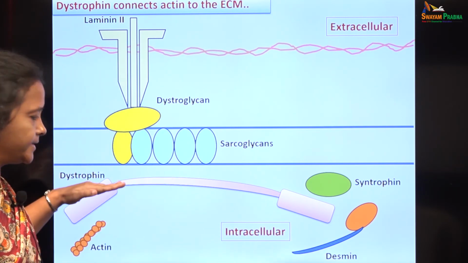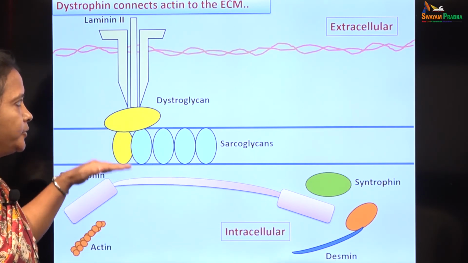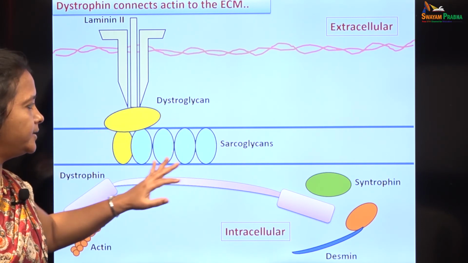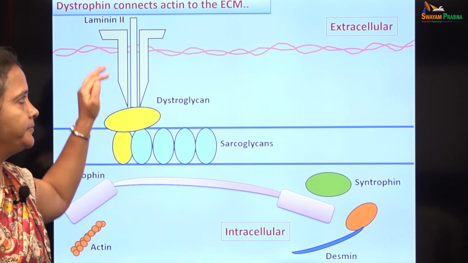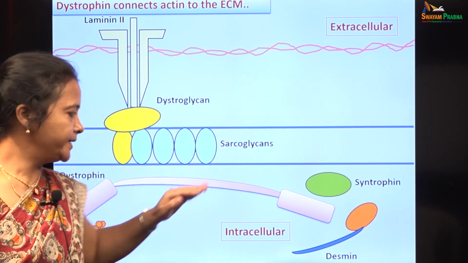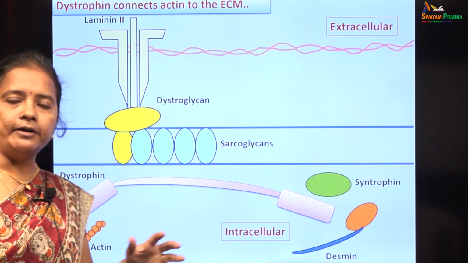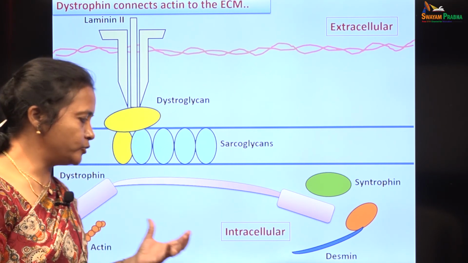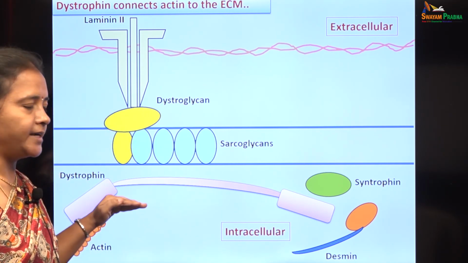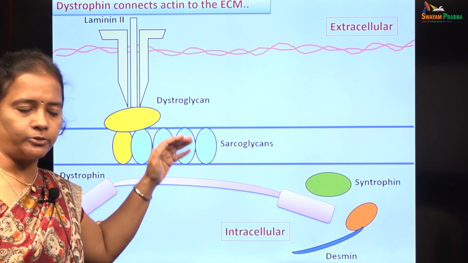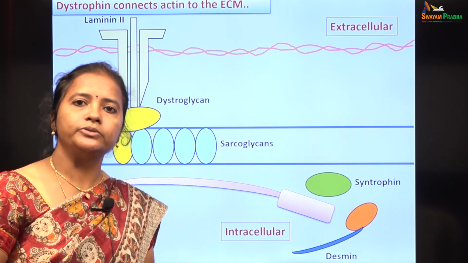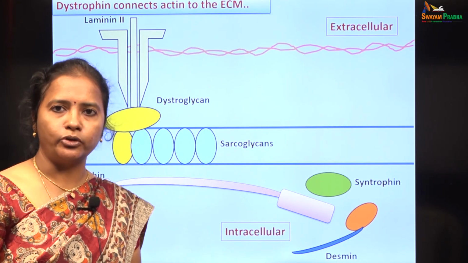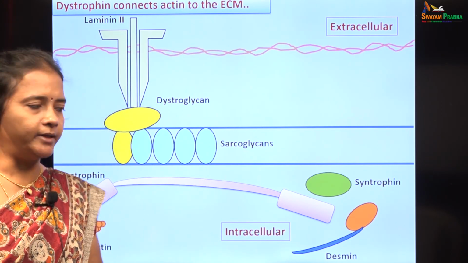This dystrophin is in turn connected to the dystroglycan through the sarcoglycans, which is in turn connected to the laminin proteins present in the extracellular matrix. Thereby, whatever force is generated through the actin myosin interaction is transmitted to the extracellular matrix as well, so that the muscle can function as a unit to generate the necessary amount of force for producing the particular movement.